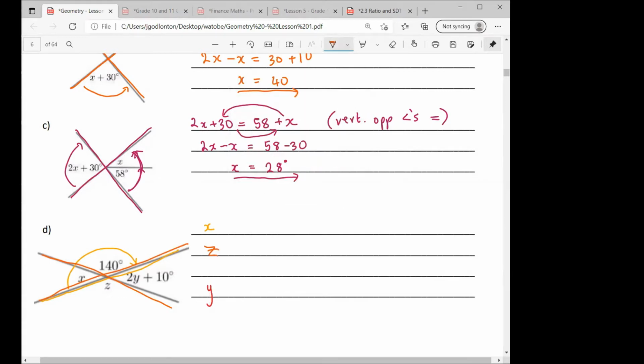So your first goal is to find x, your second goal is to find z, and your third goal is to find y.